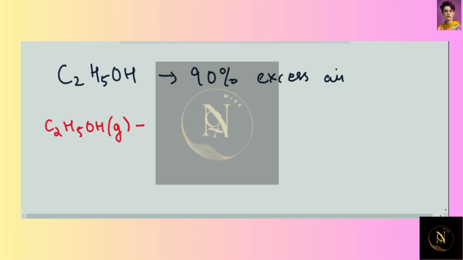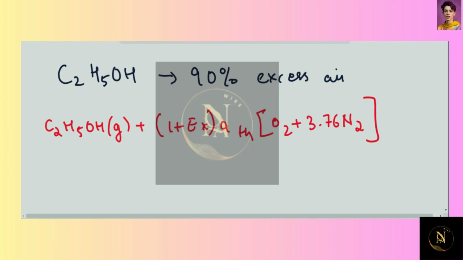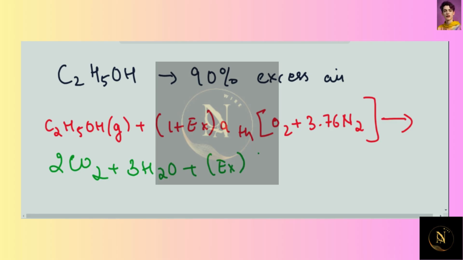C2H5OH, which is gas, plus (1 plus x) a_th O2 plus 3.76 N2 gives, I'm writing down the products, 2CO2 plus 3H2O plus x a_th O2 plus f N2.